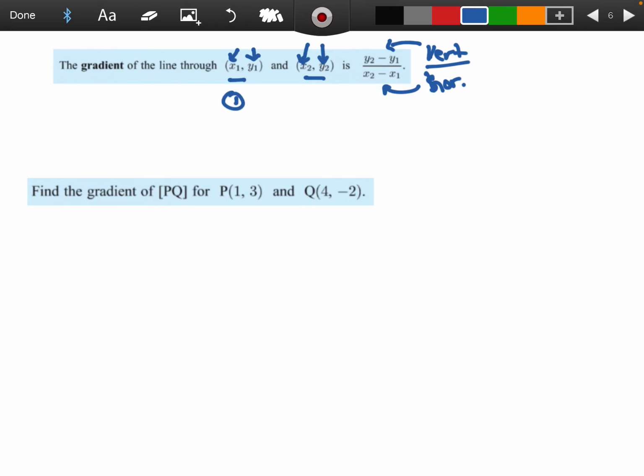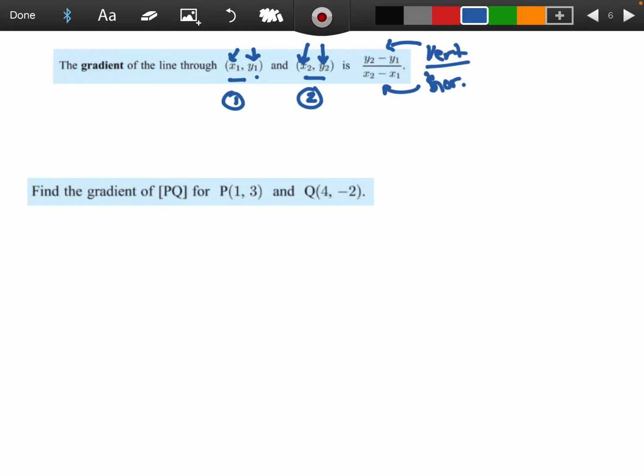So this is point 1, the x coordinate of point 1, the y coordinate of point 1, and then we have point 2, the x coordinate of point 2, the y coordinate of point 2. So x1, y1, x2, y2. If you know the coordinates of your 2 points, you can use this formula, which you just plug your numbers into and figure out the gradient without having to graph the line.